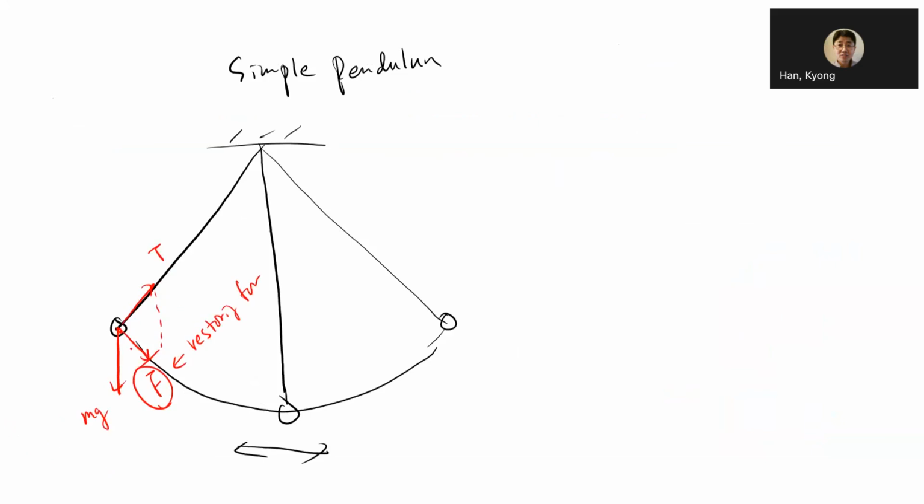Gravity can be decomposed into two components, a perpendicular component and a parallel component. The parallel component works as the restoring force.